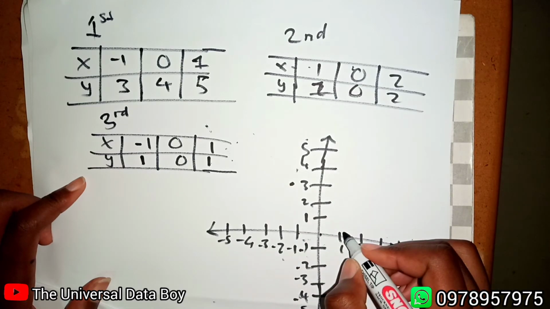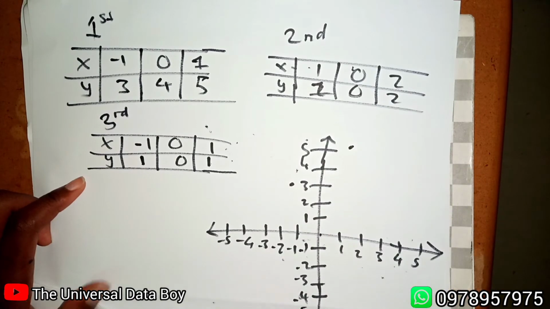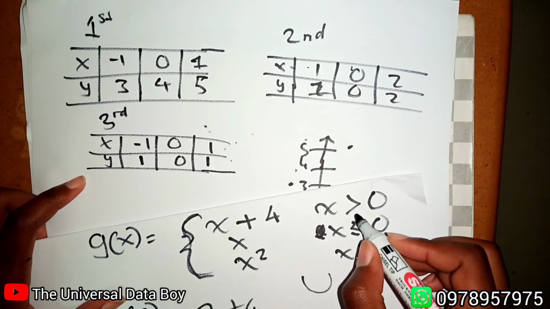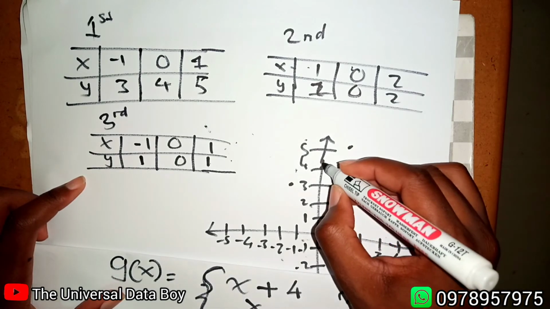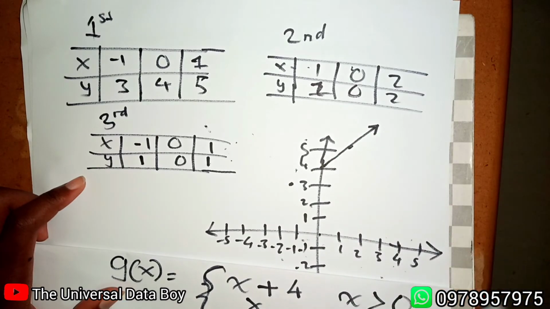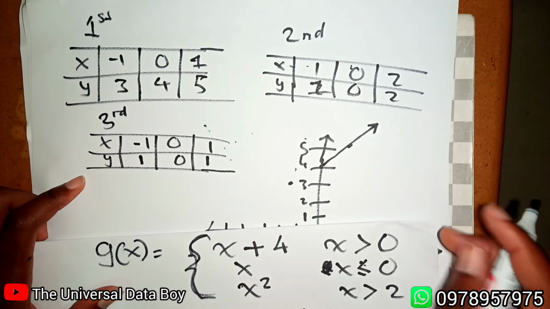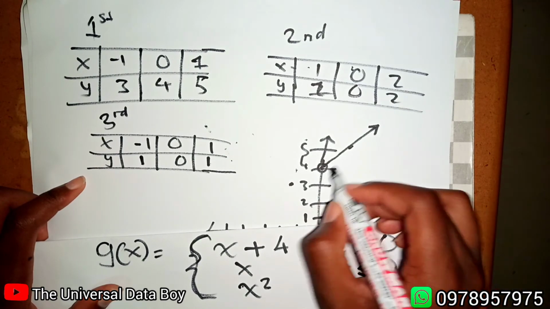For the other one, you're going to have 1, 5. So the equation is actually coming something like this. But then remember, this equation is only valid for x greater than 0. So this equation starts here, then it goes this side. And since it's just greater than, not or equal to, you can put an open circle there. If it was greater than or equal to, you could have shaded the circle.